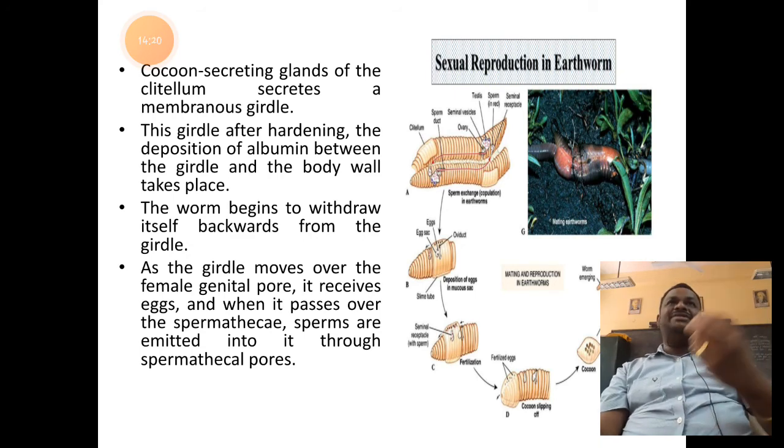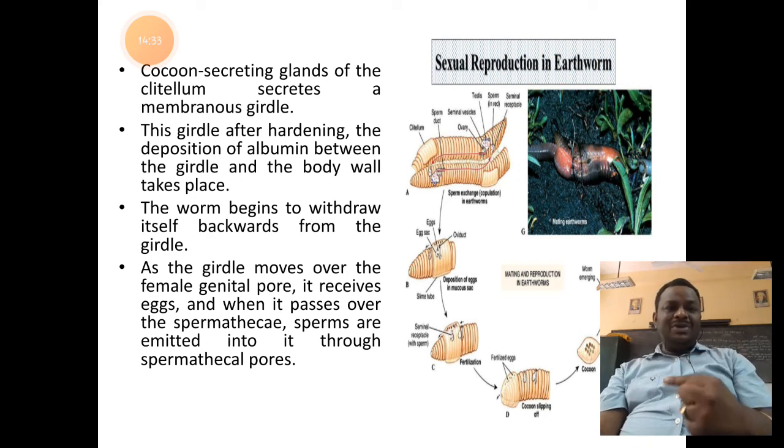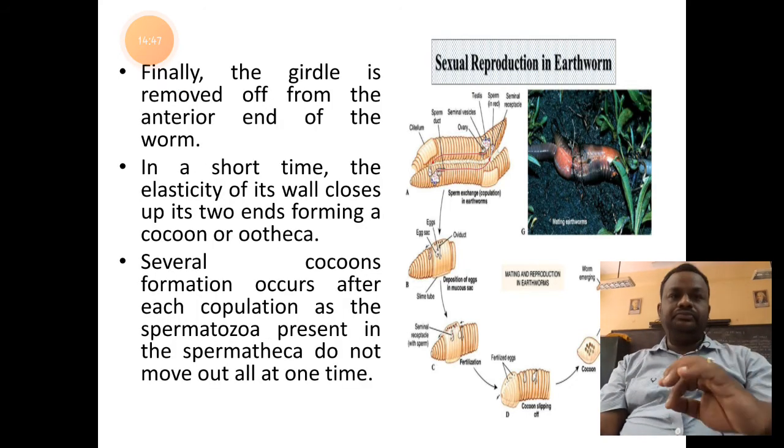That is the appearance of a cocoon generally. So, now this stage is called the cocoon stage or oothecal stage. So, formation of cocoon is seen, which we call the cocoon stage or oothecal stage. Soon after the pseudo copulation, the next stage that follows is the cocoon stage formation.